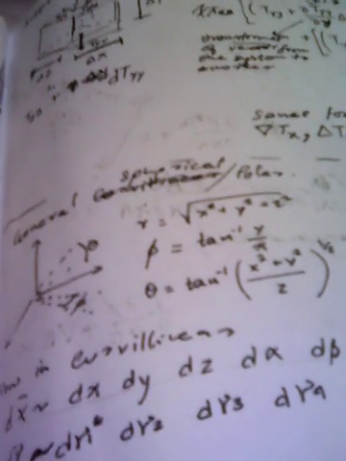Here we have the general spherical coordinates, having this angle phi here, and the angle theta over the radial variation. So these are the three spherical coordinates that we define.